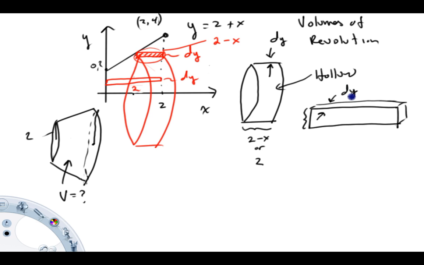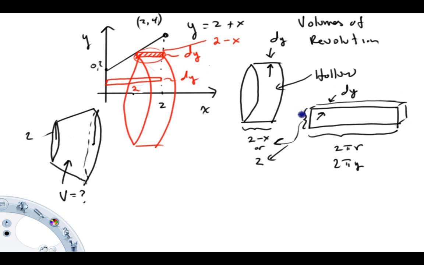And here's a really important part. The length here is one circumference, 2 pi r. And again, this dimension right here is the same as this. It's 2 minus x or 2, depending on which of these rectangles we're thinking about. Now the radius is this distance, which is equal to the function value, y. So this is equal to 2 pi y.